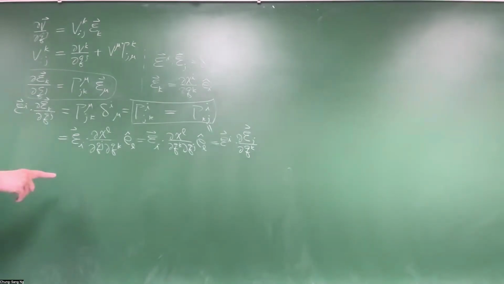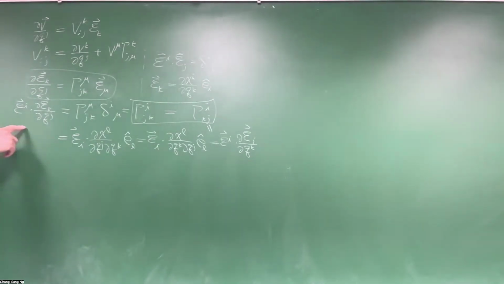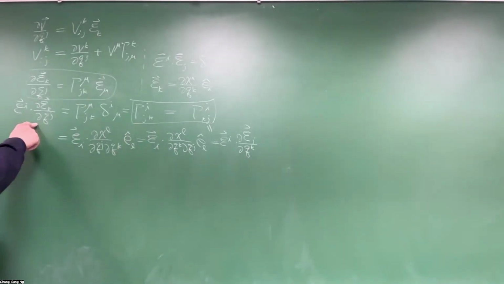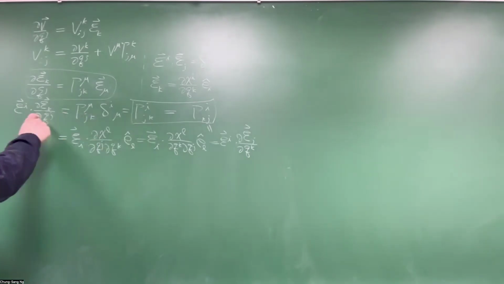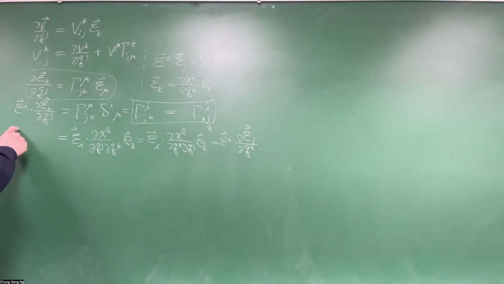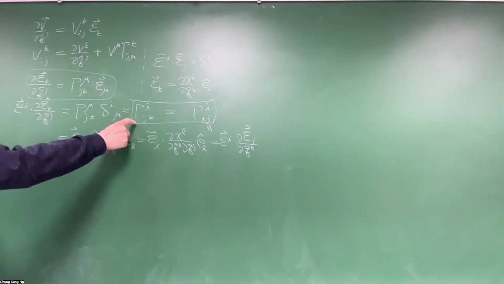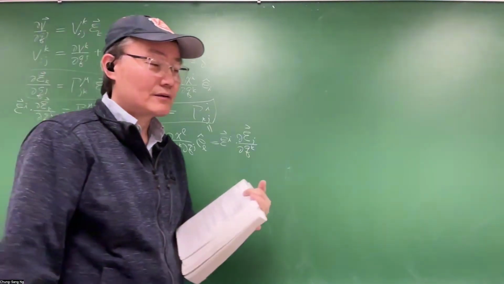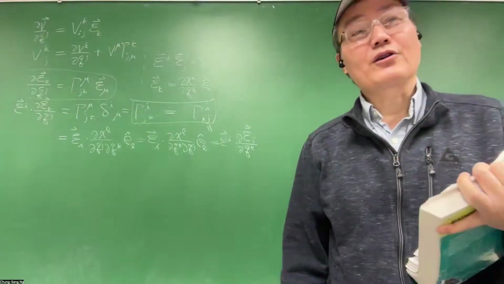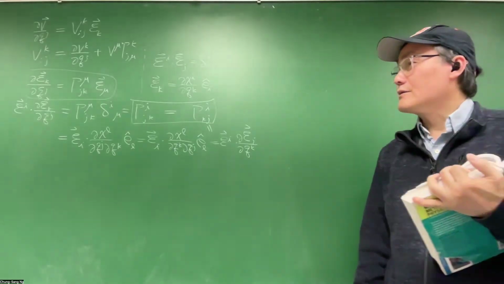But before we do that, we can use this one more time. This is what we mentioned last time: these Christoffel symbols look like a third rank tensor, but they are not tensors.